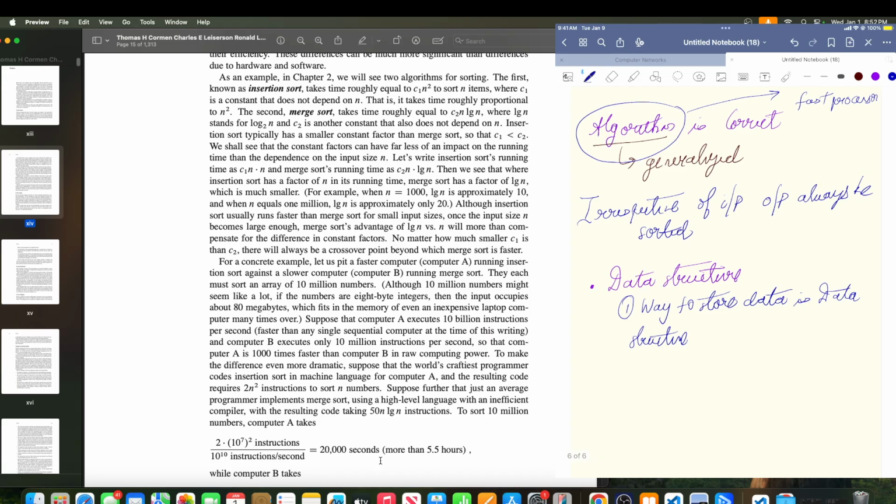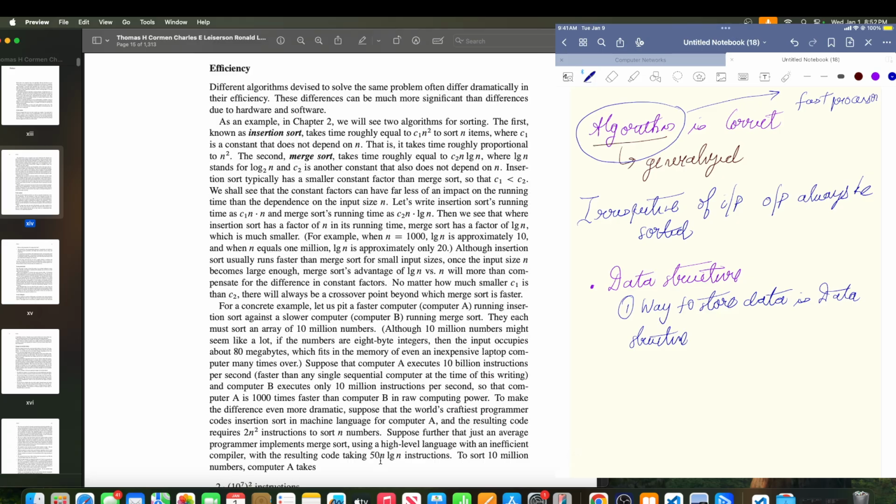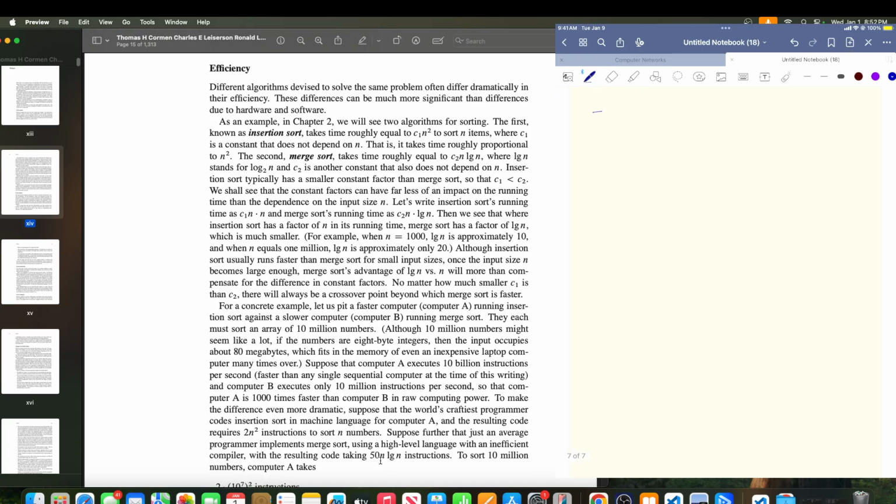Okay, now what he's trying to say is efficiency. How is efficiency calculated? Say I have algorithm 1 and then I have algorithm 2.